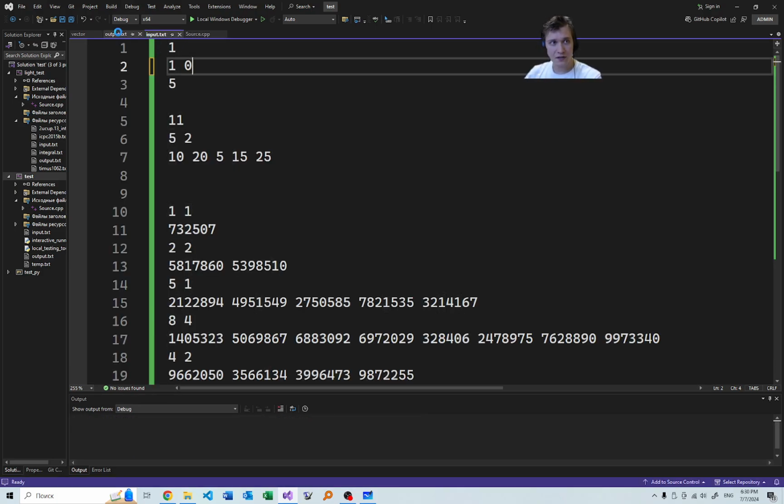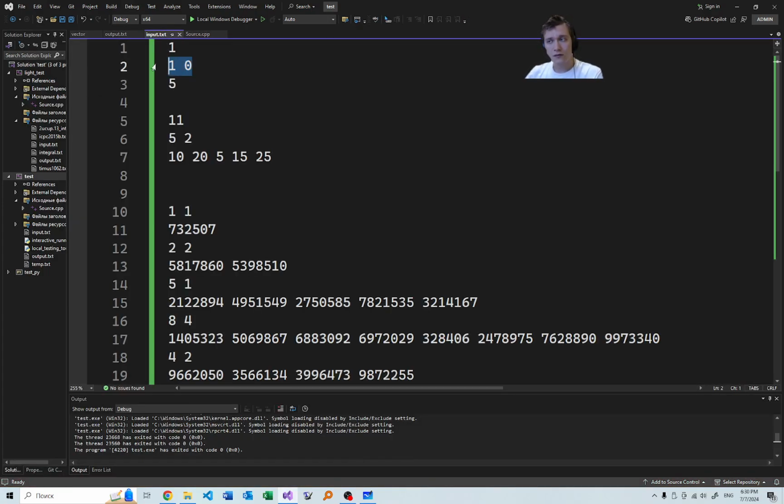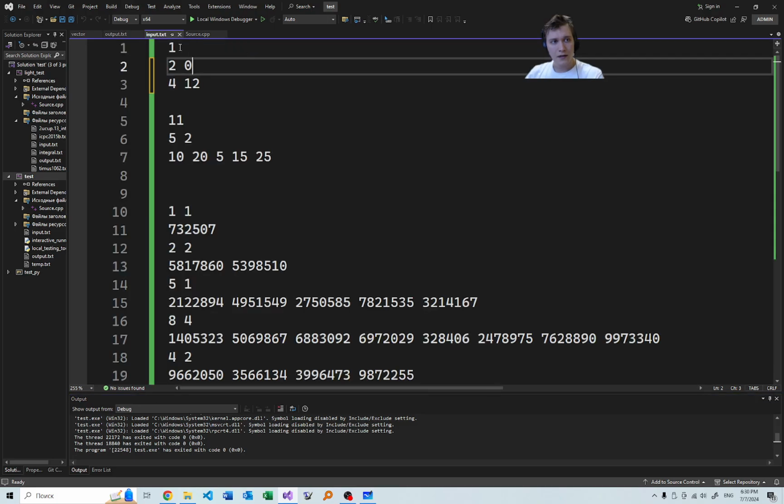And if it's 0, then still it's 5. Okay. Now let's take like 4 and 12. No, 4 and 12 here, but for example, 2 balls and none of them are special. Then expected is that both take 8.